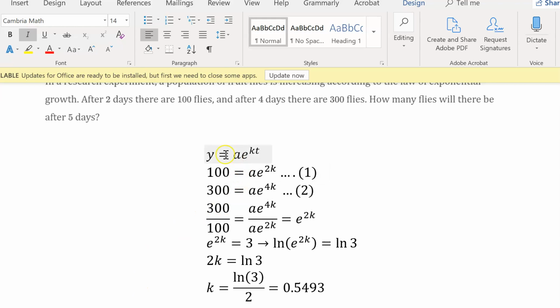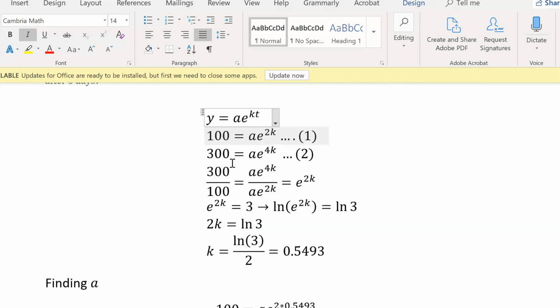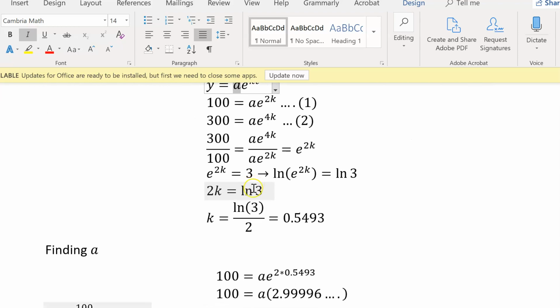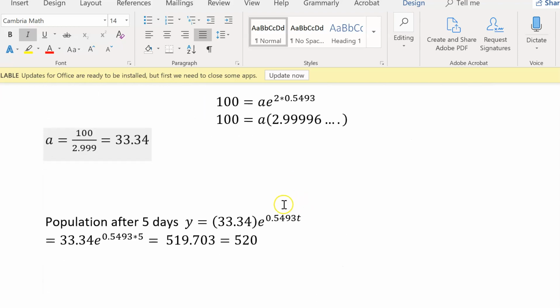Now we can actually write down the equation. We know what k is and we know what a is. So y is equal to 33.34 times e to the 0.5493 times t. So that's your equation. There are no constants, only the t is there.